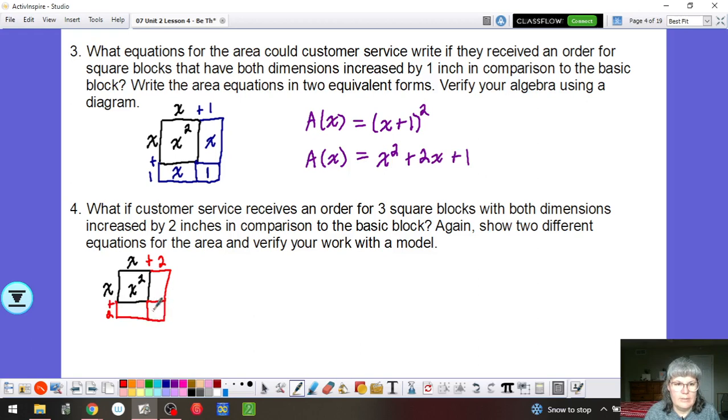And then to complete that square, we're going to have 4 unit squares. But our customer service received an order for 3 of these. So I need to include another block with the same dimensions and one more block with the same dimensions.